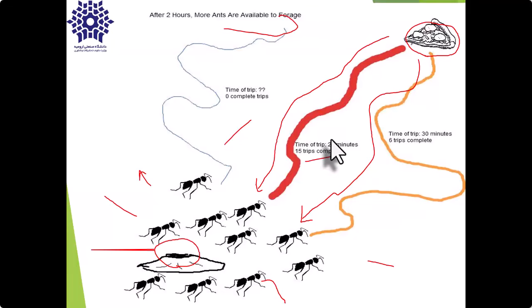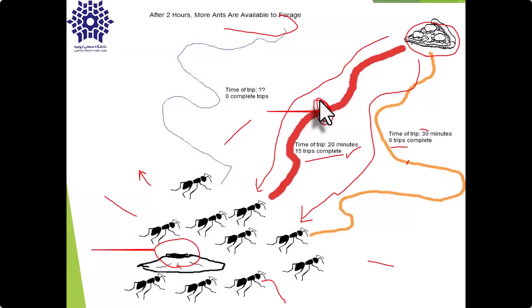For example, in this way, because it is the shortest path, 15 trips were completed in 20 minutes. But in this path, because it is long from the nest, in 30 minutes only 6 trips were completed. Therefore, you see, this is thin and this is thick. So this path is the strong path for traveling.